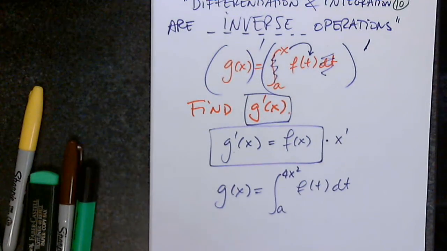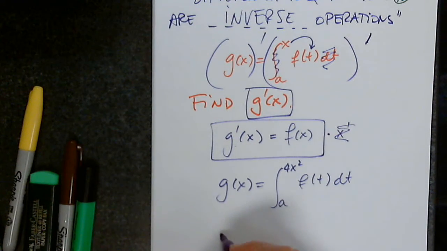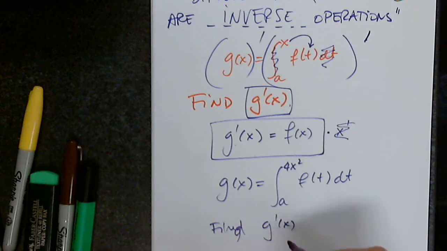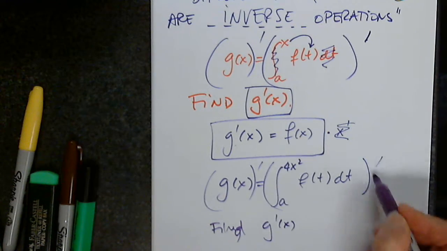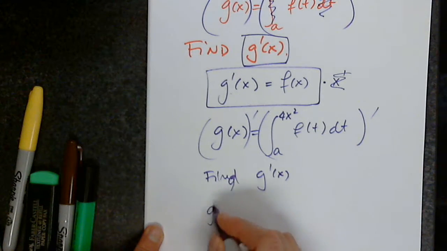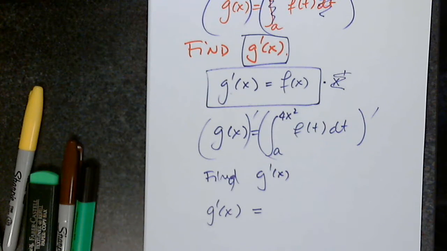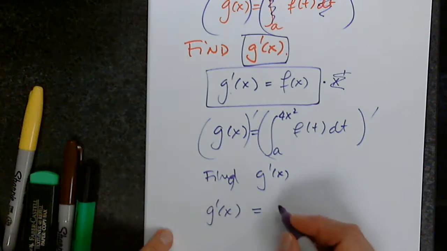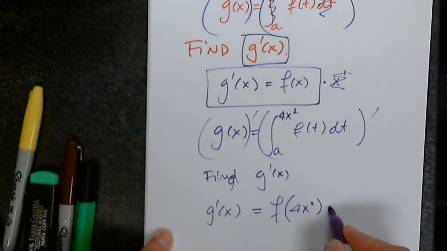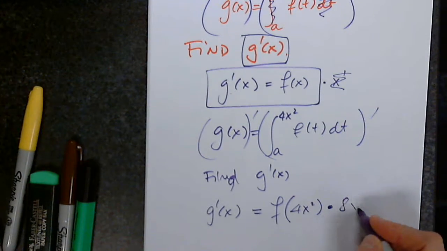But how much is x prime? 1. That's why I didn't put it in. So now when I'm asked to find g prime and I differentiate both sides, I have a slightly different situation. G prime equals f of 4x squared times the inner function prime, 8x.